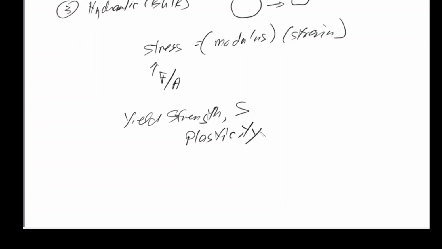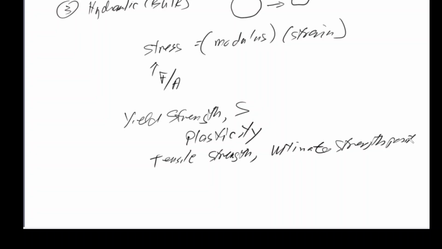If the stress continues to increase, the body will fracture or rupture. This is the tensile strength point, also known as the ultimate strength point, given as S sub U.